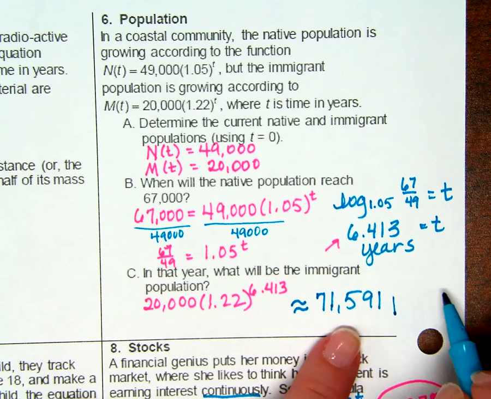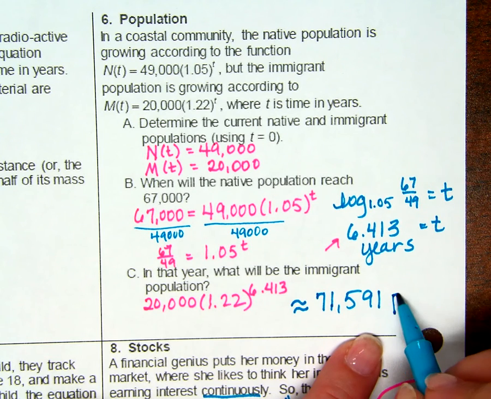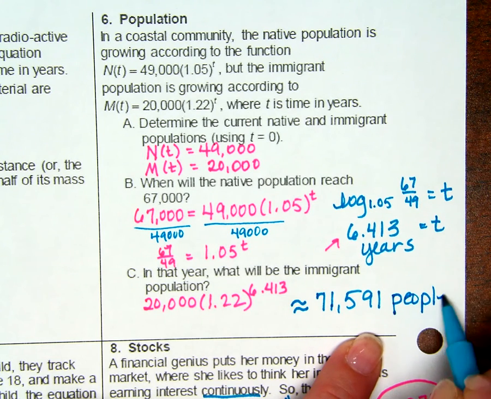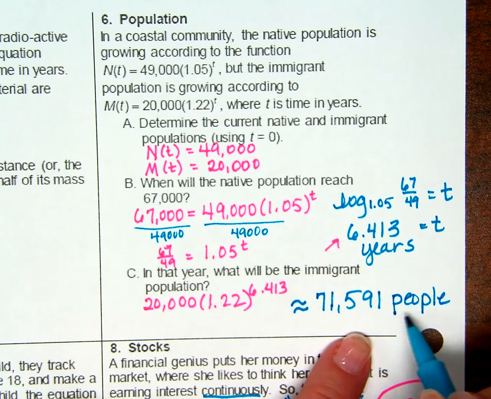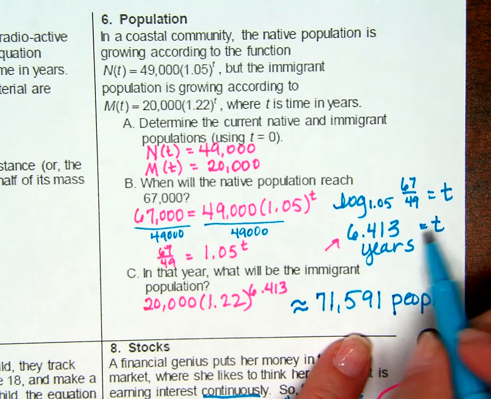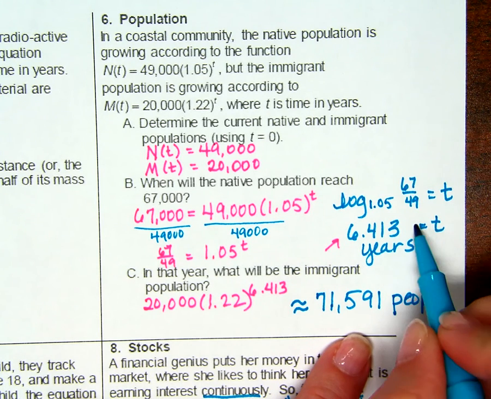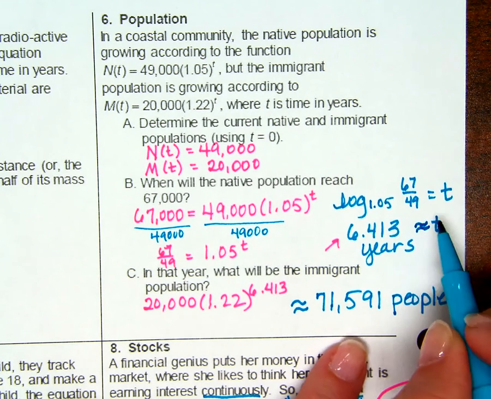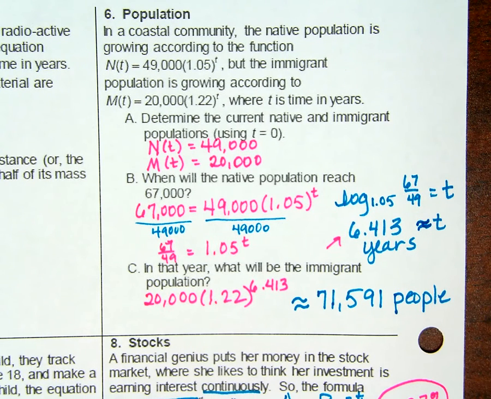So either one of those would be a fine choice for a label. I'm going to guess most people are going to choose the word people because immigrants is harder to spell. Okay? So should I right here have put this? Because I rounded, right? Okay? Any questions about number 6?